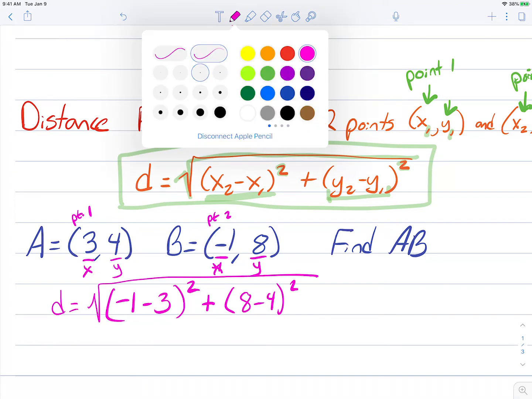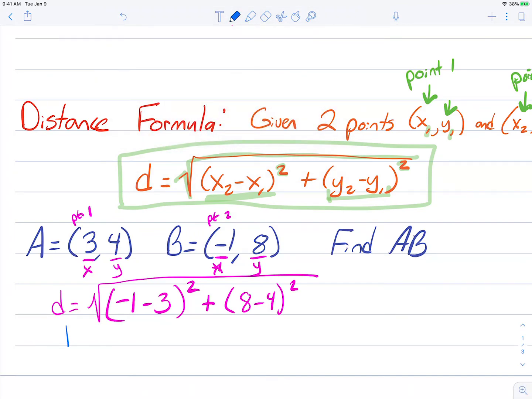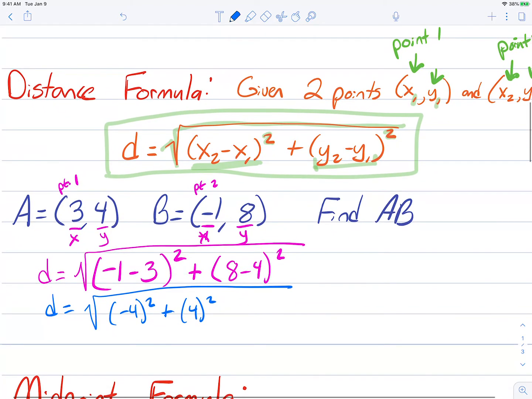Now, order of operations tells me to first find the answers in my parentheses. So I have the square root of -1 minus 3 is -4, so that's squared. 8 minus 4 is 4, so that's squared. And then -4 squared is 16. 4 squared is also 16.